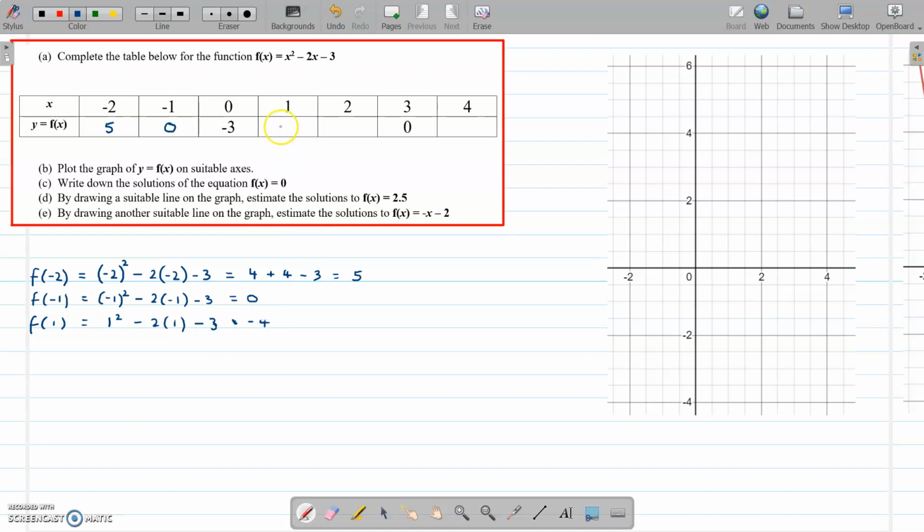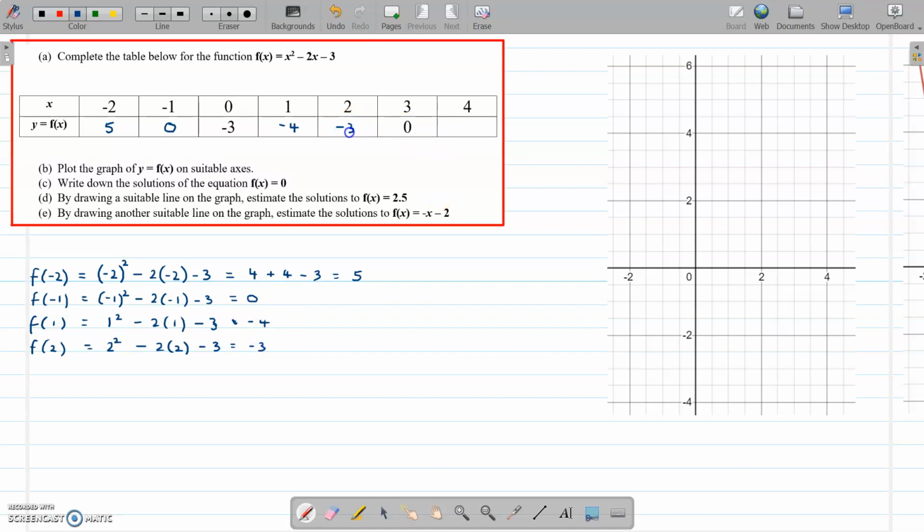So minus 4 goes in there. When we do 2, we would find that f of 2 equals 2 squared, which is 4. Take away 2 lots of 2, which is another 4. So that's 4 take away 4 is 0. Take away 3 is going to be minus 3. And that one goes in there.